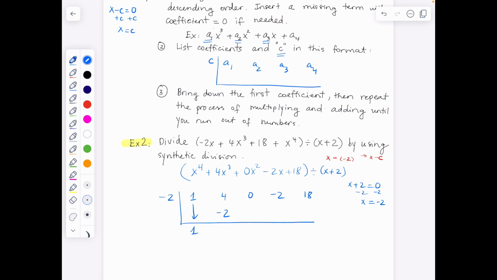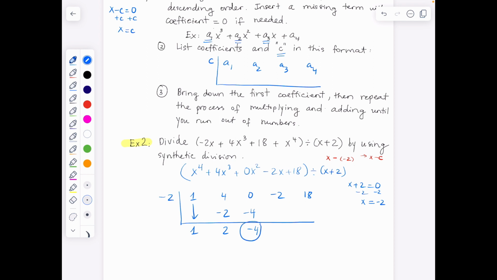Now adding, we're going to do 4 plus a negative 2, which will give you 2. And we're going to repeat it until we run out of numbers, until we get to the end. So again, we multiply: take 2, multiply by negative 2, so that's negative 4, put right there, and then we add. So 0 plus a negative 4 is negative 4.